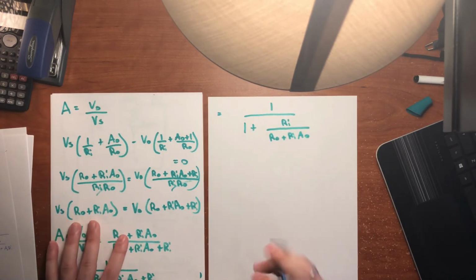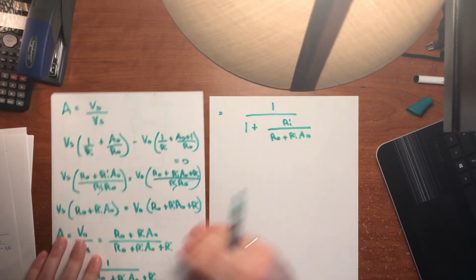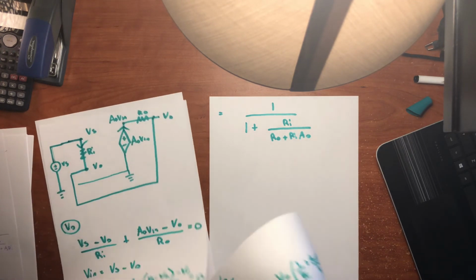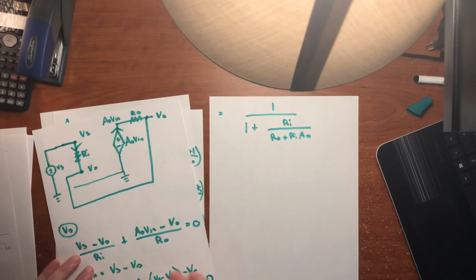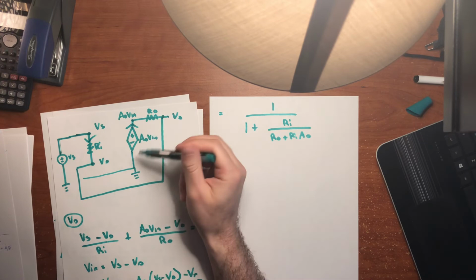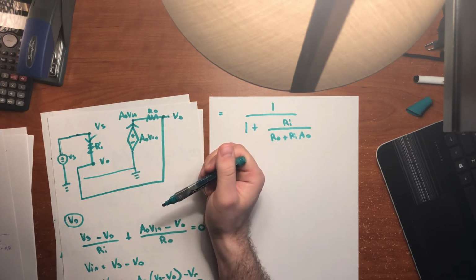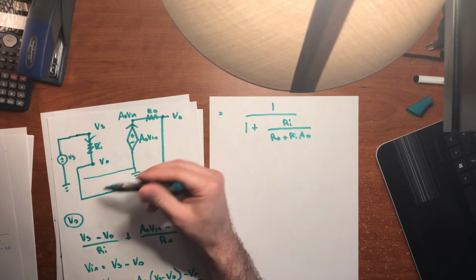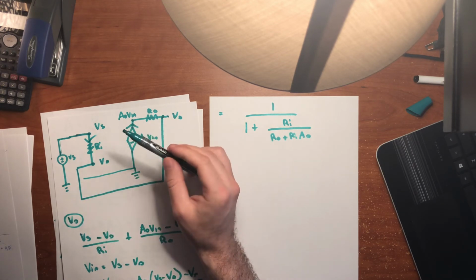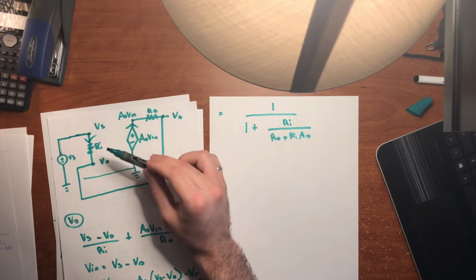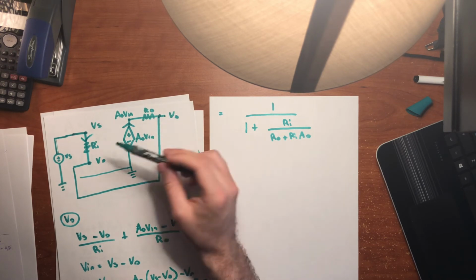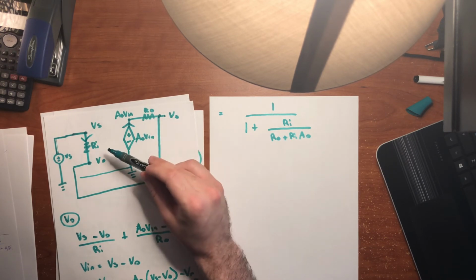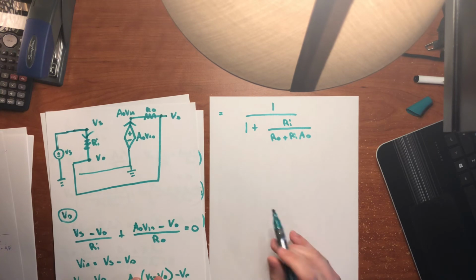Okay, so this is the overall gain of this circuit here. So this will define what is going on in terms of V naught, the output, and the input Vs.